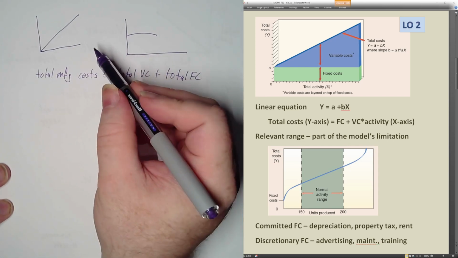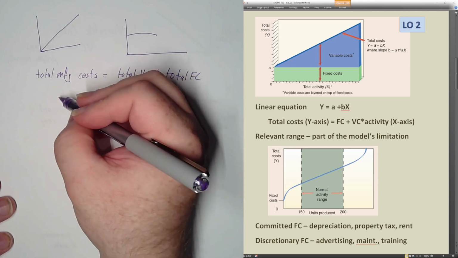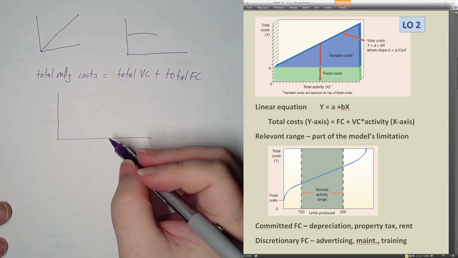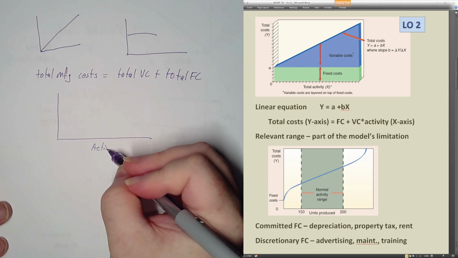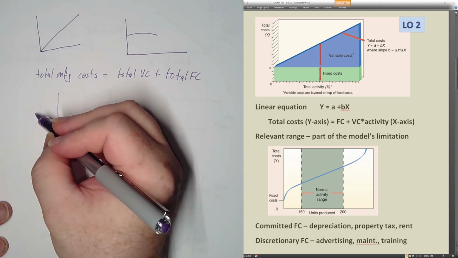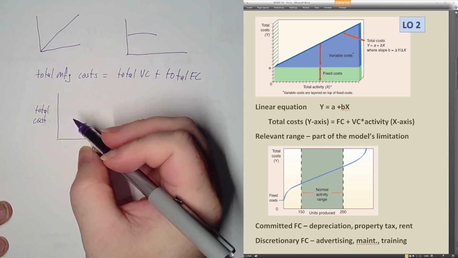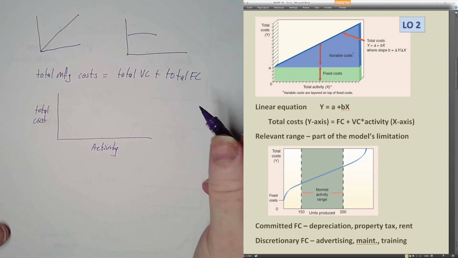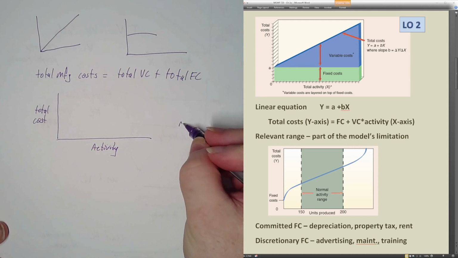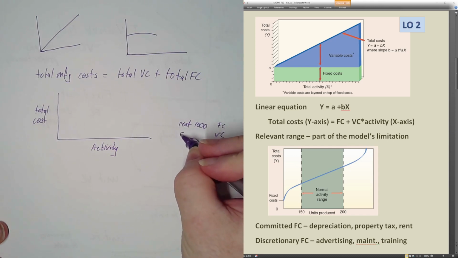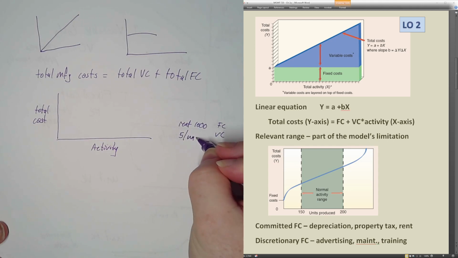So if I wanted to combine these two charts, what it will look like is this. Well, first of all, if I have any sort of activity down here, and I have my total costs here on Y. Let's say it's something like rent of 1,000 is my fixed cost, and my variable cost is something like 5 per unit, right?